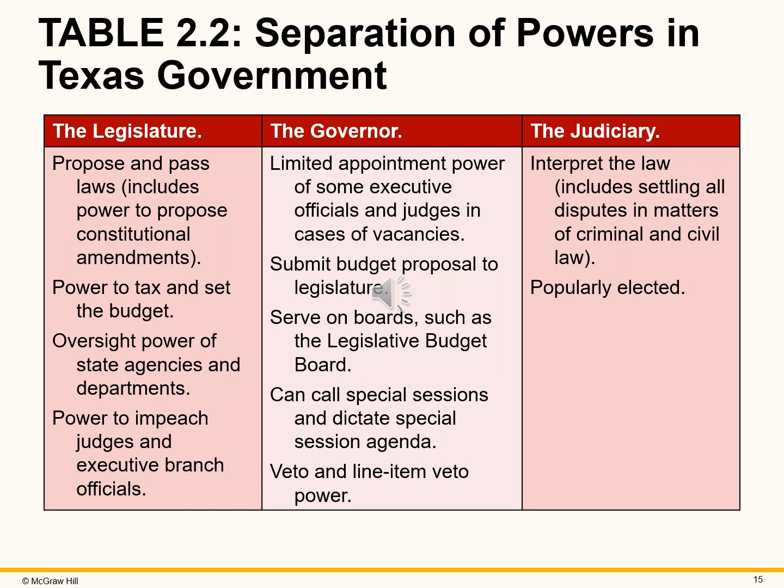The governor has limited appointed power. Constitutionally, he is a weak governor. The most powerful plural executive office is constitutionally the lieutenant governor. The governor does have the power to veto and line-item veto power. The judiciary, remember, has the ability to interpret the law. They don't make the law, they interpret the law.